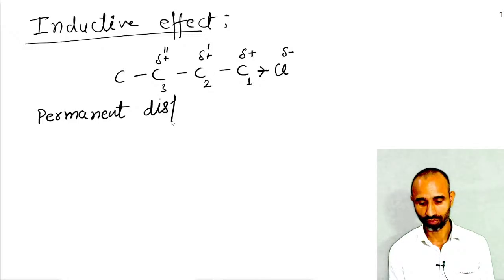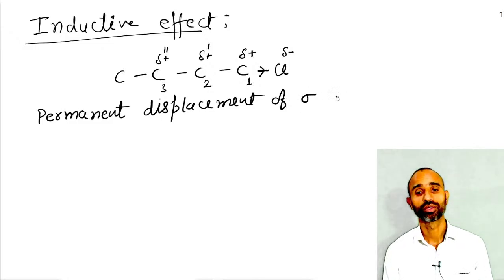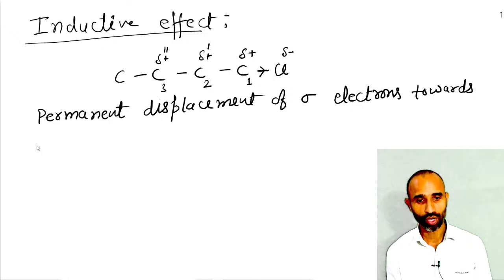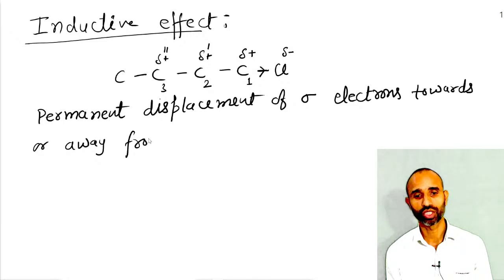It is permanent displacement of sigma electrons towards or away from the chain, from the carbon-carbon chain.